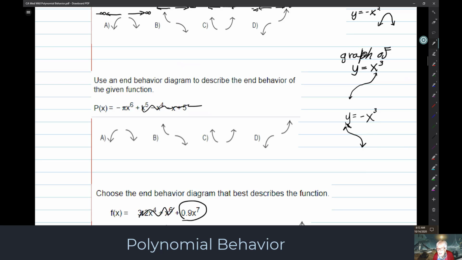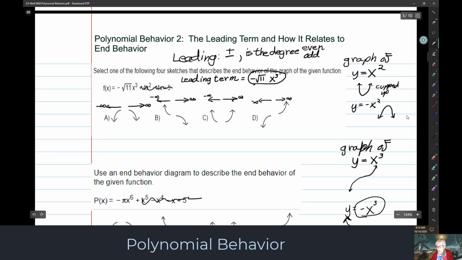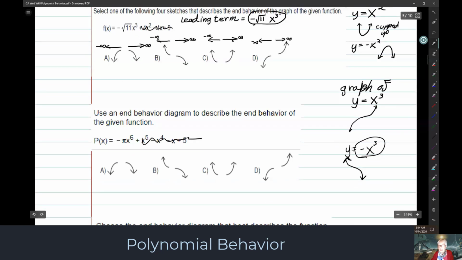It'll go up on the left and down on the right. It will look just like negative x to the third. Now this would be true if that were any odd number. So x to the fifth, x to the seventh, x to the ninth, x to the 11th, any number that 2 will not go evenly into is an odd number. And when it's negative, it's going to look like this.